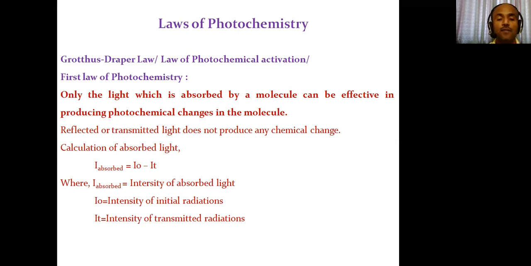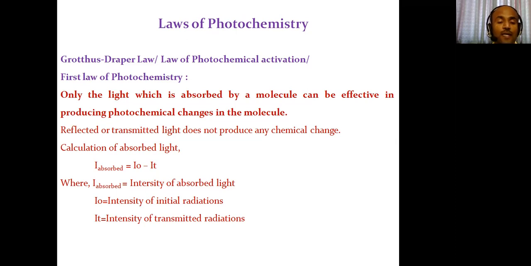Only the light which is absorbed by a molecule can be effective in producing photochemical changes in the molecule. That is, reflected or transmitted light does not produce any chemical change. Only the light that is absorbed by the molecule can carry out chemical change.